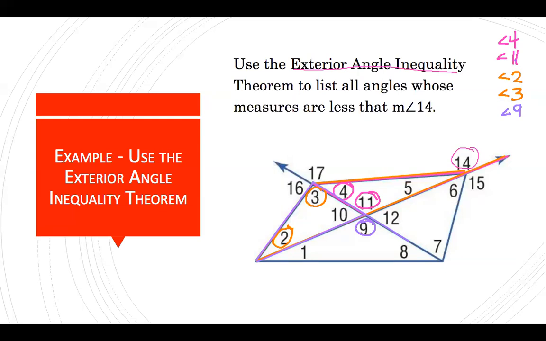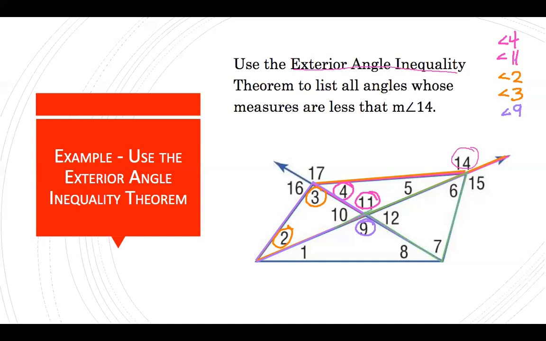But we already know they're less than 14. So we got that one. Then the other one is 9 is also the exterior angle for this triangle here, right? So it's also the exterior for that one, and I wanted to have that line there.